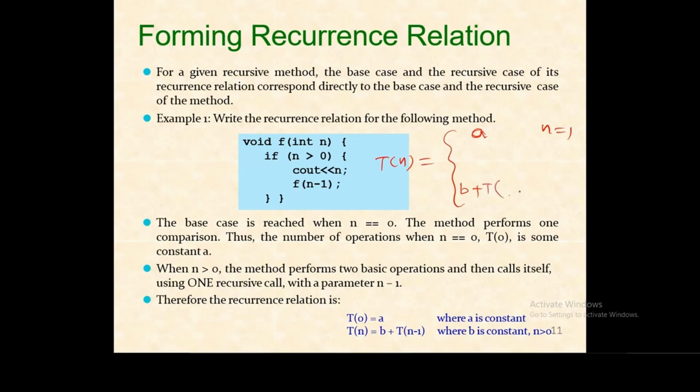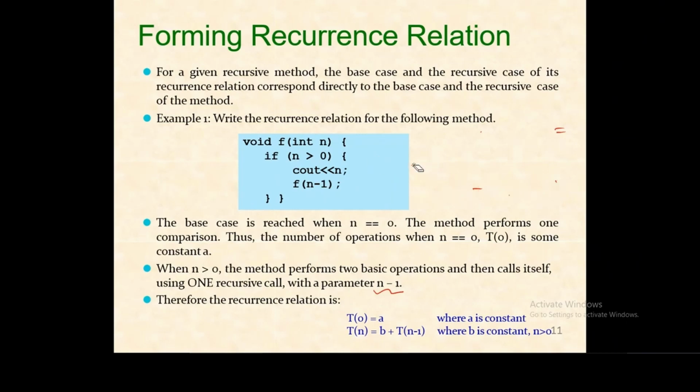So the function is called on itself for the value of n minus 1, for n greater than 0. So when n is greater than 0, the method performs two basic operations, then calls itself using one recursive call with the parameter n minus 1. So this can be the recurrence relation for this particular function.